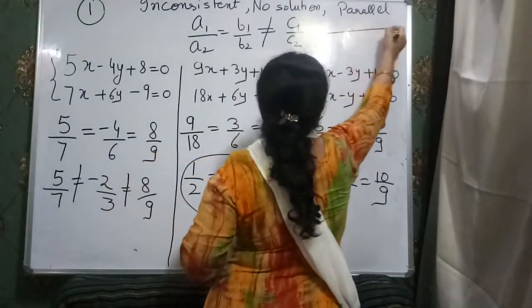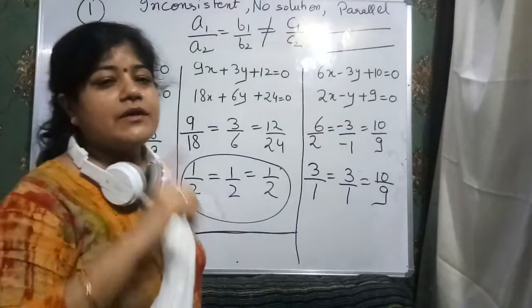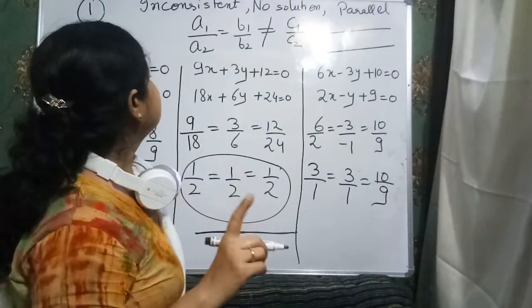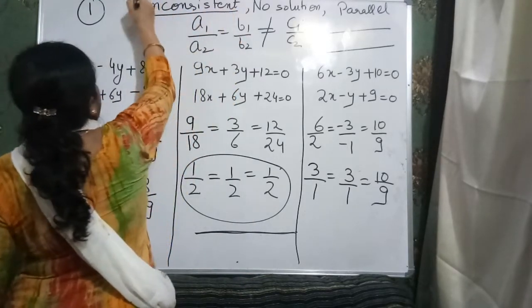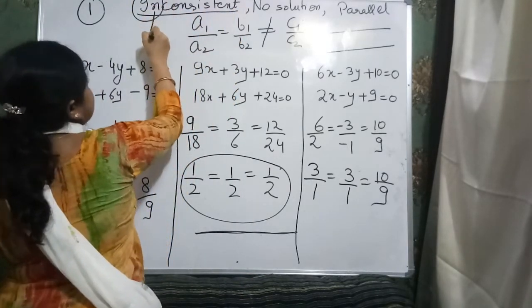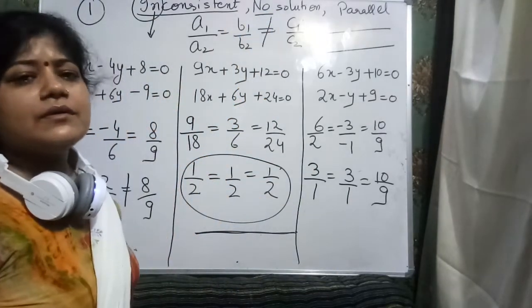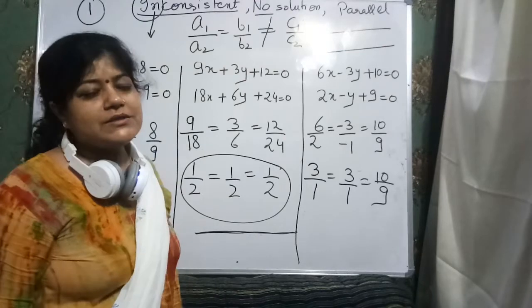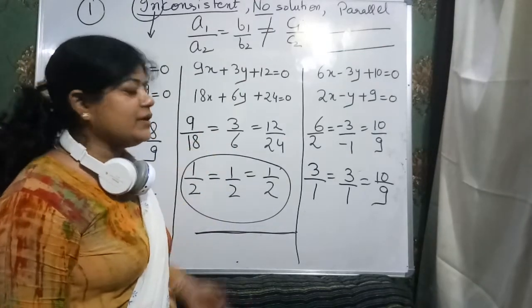That means the lines go side by side and never cut at any point. And it is inconsistent. Remember, inconsistent means no solution. Clear? So this is the whole concept. After that, I am going to discuss one more topic in the video.